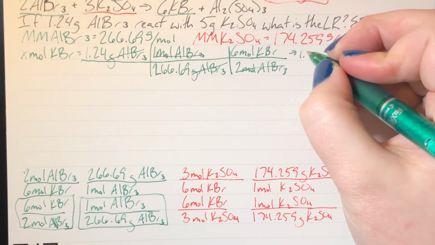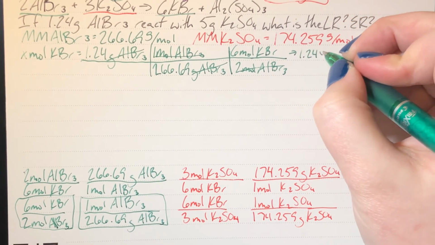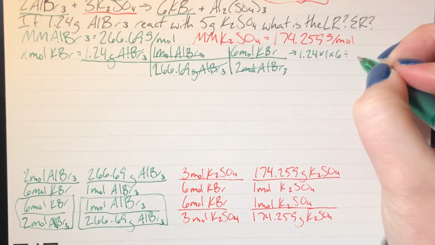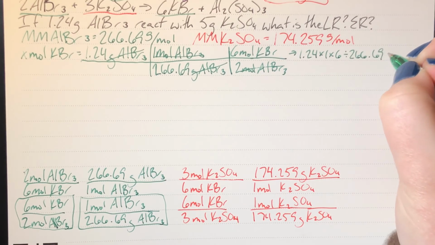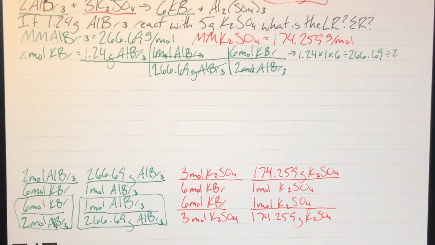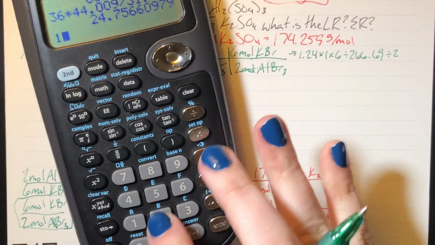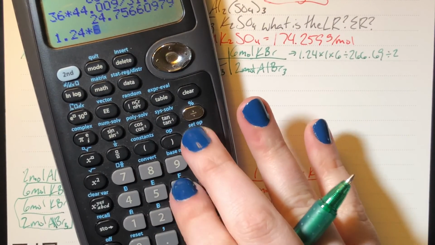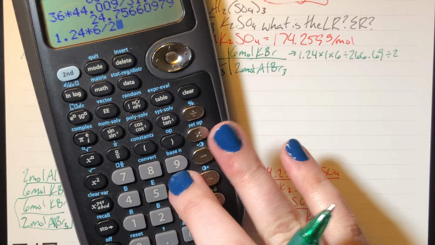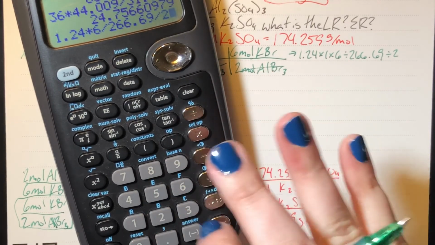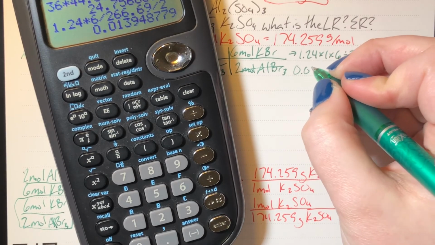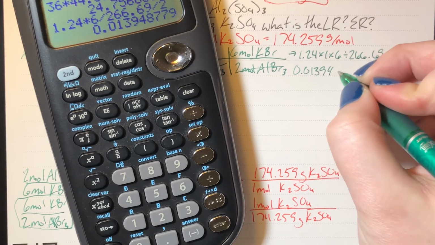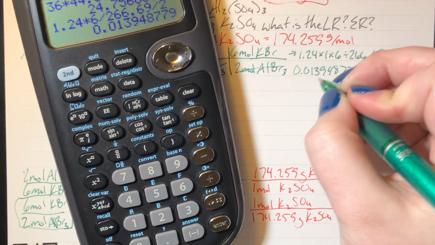So that's going to look like 1.24 times 1 times 6 divided by 266.69 and 2. So 1.24 times 6 divided by 266.69 and 2 gives me the very small number of 0.013948779.